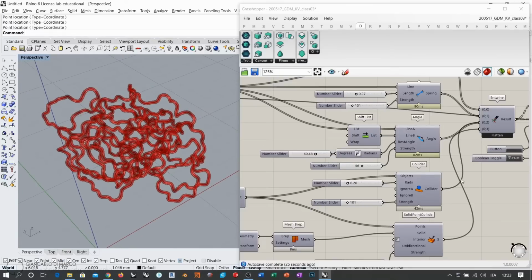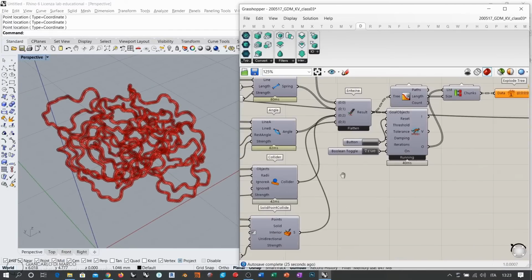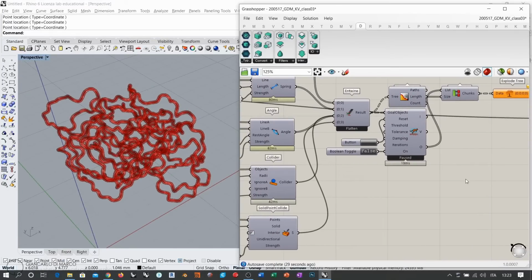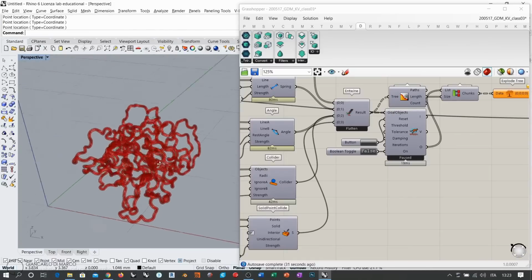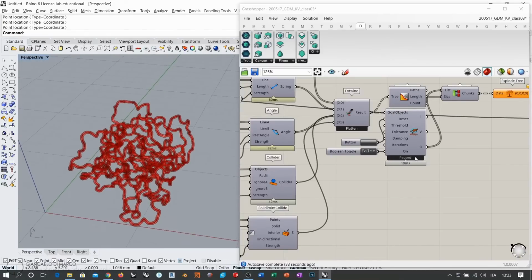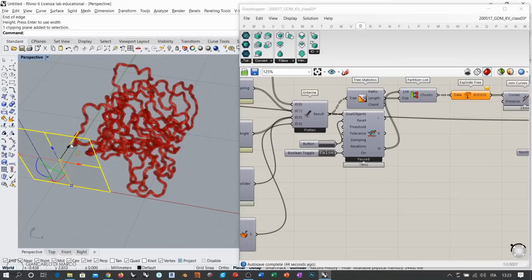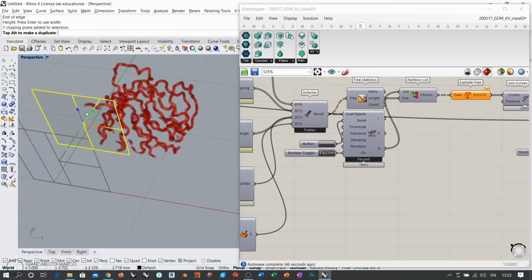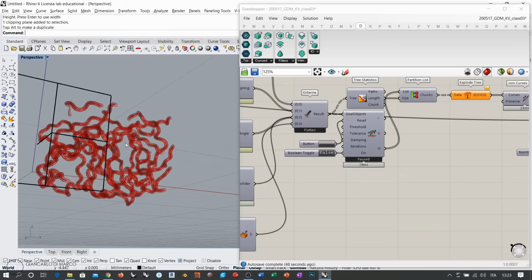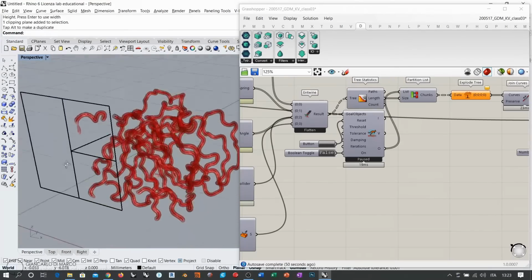Okay, so it's quite interesting as a general principle. If you want to double check that everything is working perfectly, you might want to use a clipping plane here in Rhino, which is something normally used when you work with this kind of complex shape. You can use a clipping plane to clearly understand if you have overlapping portions of your design.